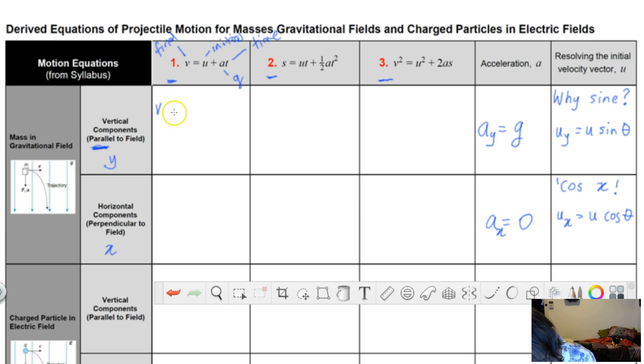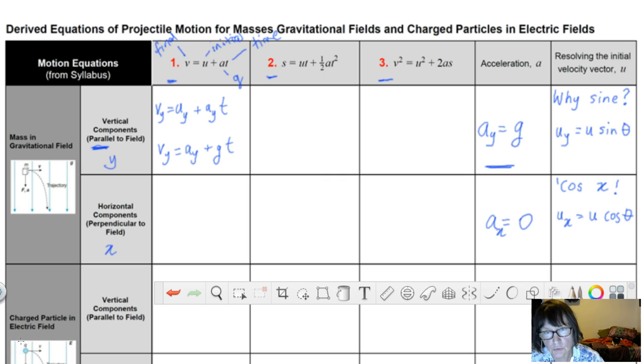We've got the final vertical velocity equals the initial vertical velocity plus the vertical acceleration times time. Notice any of these with a subscript are actually vectors, and then we've got time as a scalar value. And recall over here we've said that acceleration in the vertical is equal to acceleration due to gravity. So our final equation.